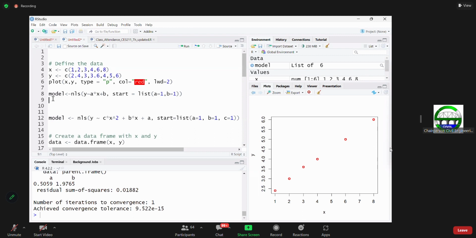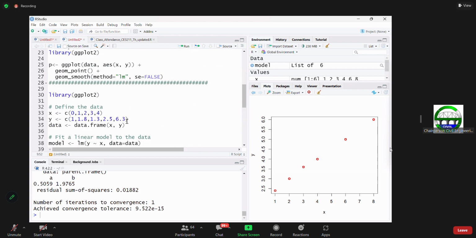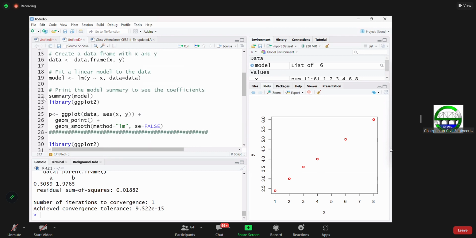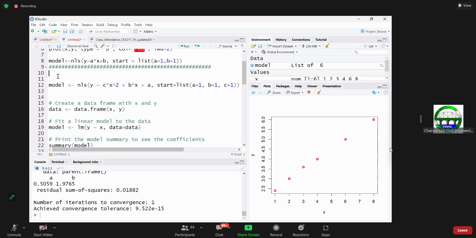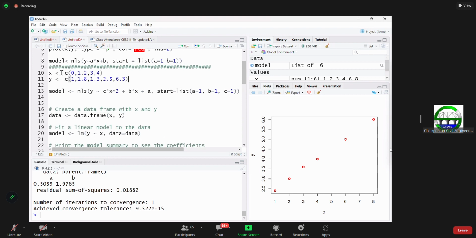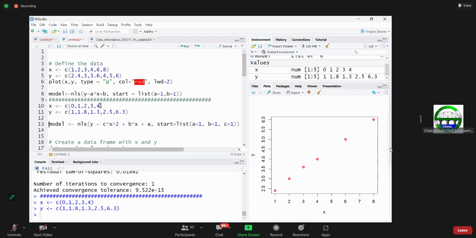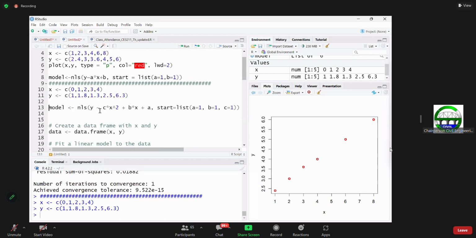So this one is your question number 1, and in question number 2, what was the data? I think the data in question number 2 was this one. Okay, this is your x and y, and the model is y equal to cx square plus bx plus a. Like you can write any equation, right?